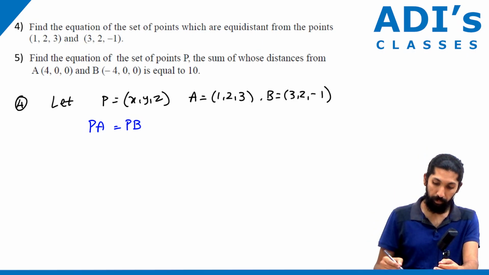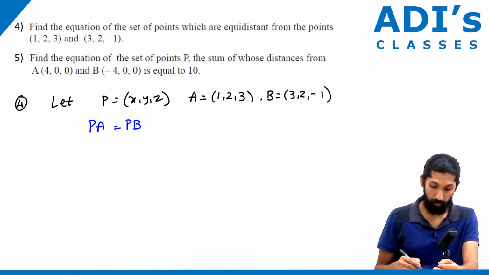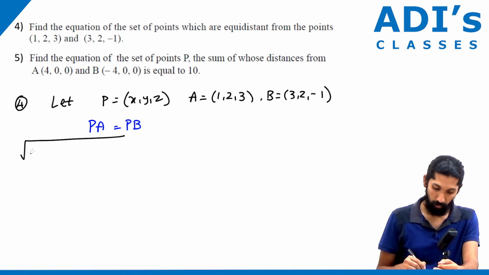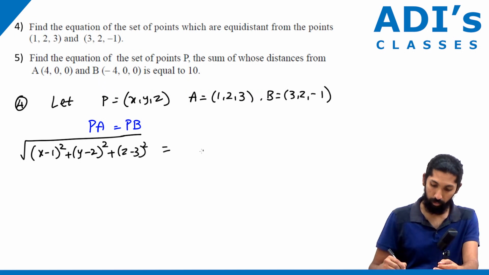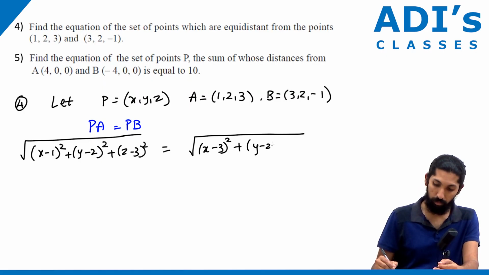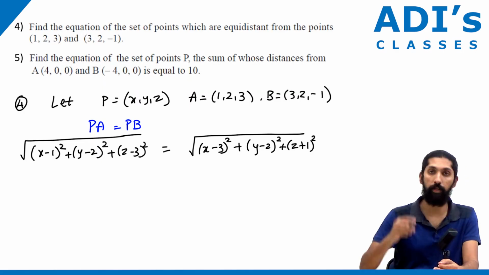Now, when we say PA is equal to PB, PA is going to be root of x minus 1 whole square plus y minus 2 whole square plus z minus 3 whole square is equal to root of x minus 3 whole square plus y minus 2 whole square plus z plus 1 whole square.